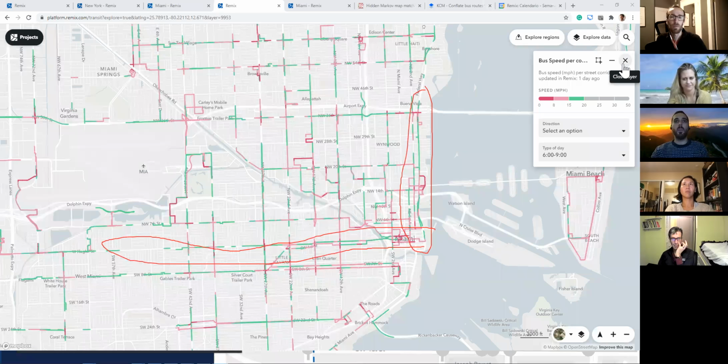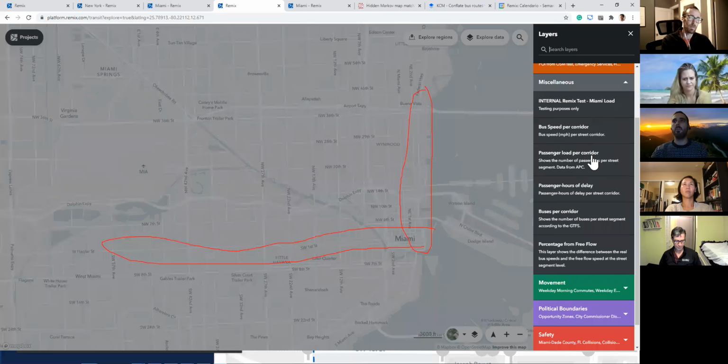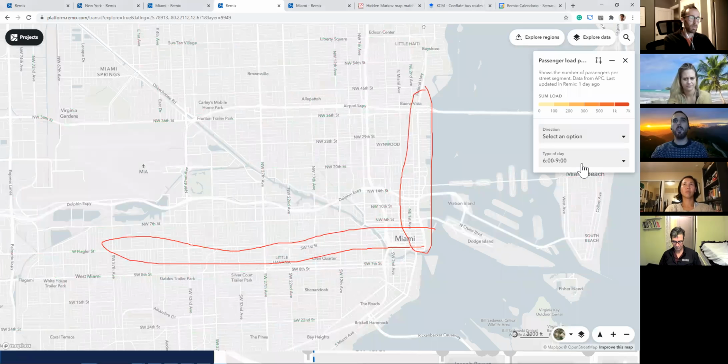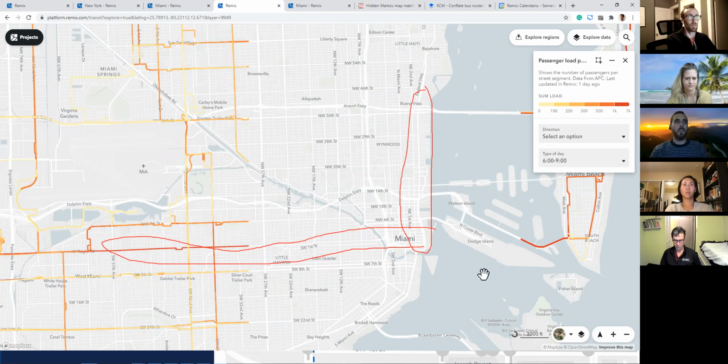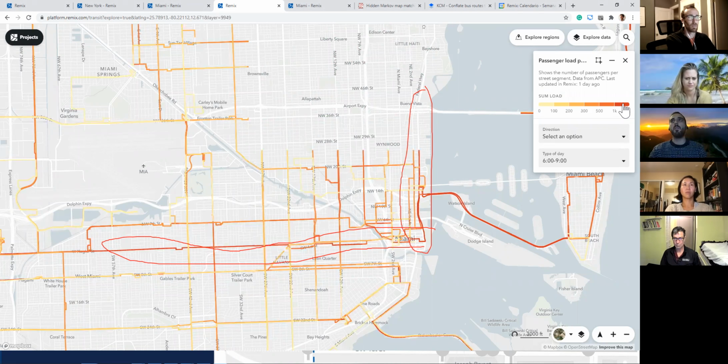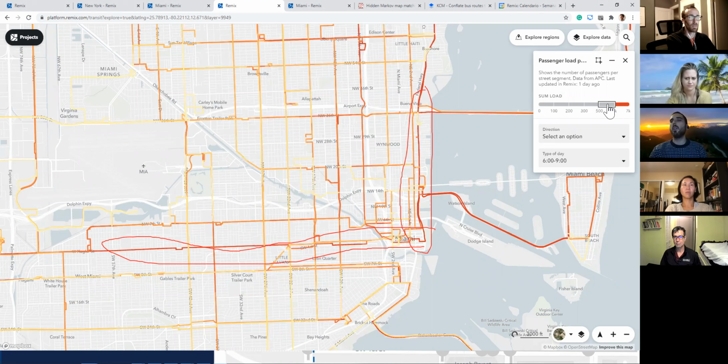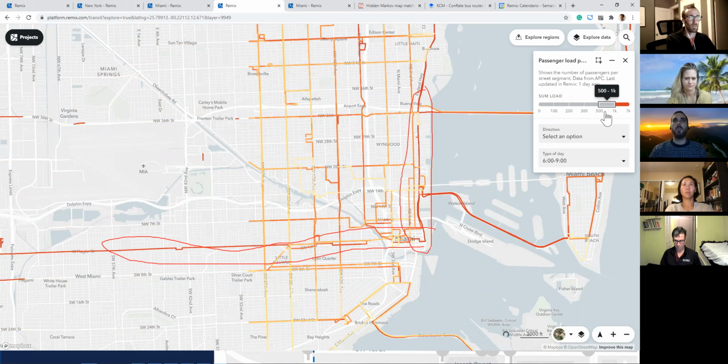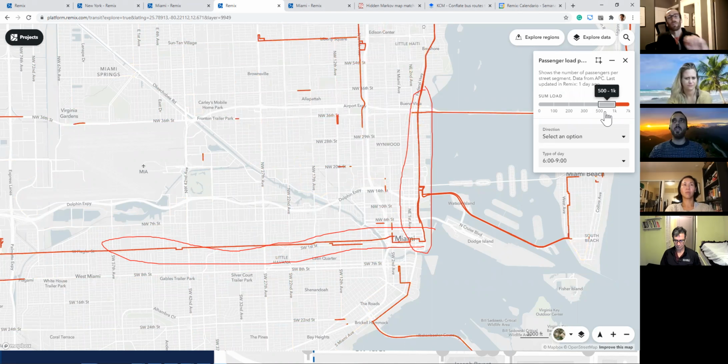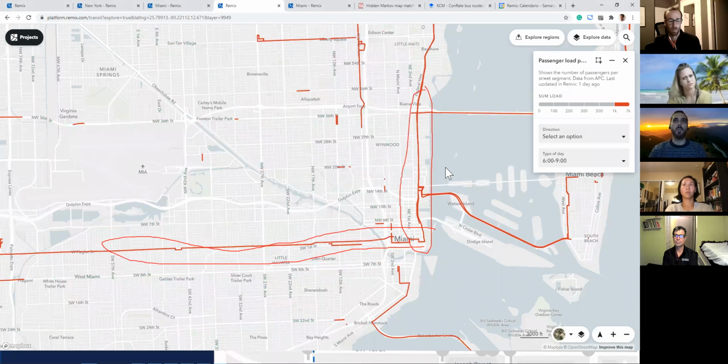And now that we know where the slow ones are, we could say, okay, but of the slow ones, what are the ones that are actually carrying a lot of people? And that's the combination you need for a BRT, right? You need to know where the slow ones are, but also where most of your passengers are wasting time because of those being slow. And you can see here very clearly that I have from the west and the north good candidates for BRT projects, for example.